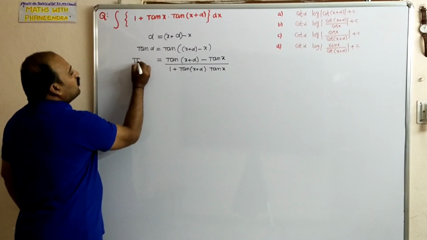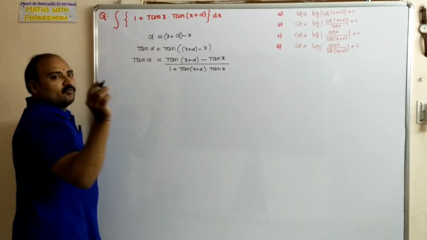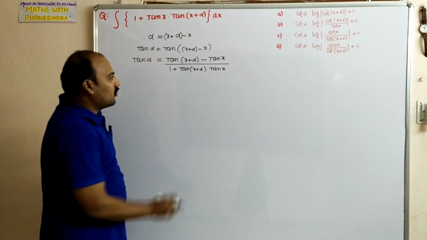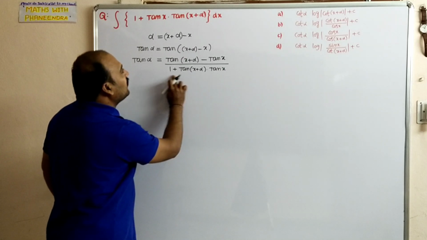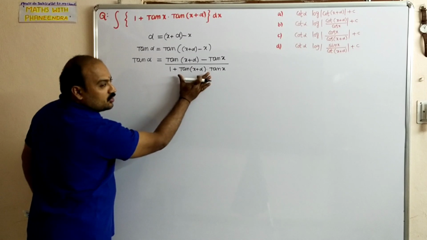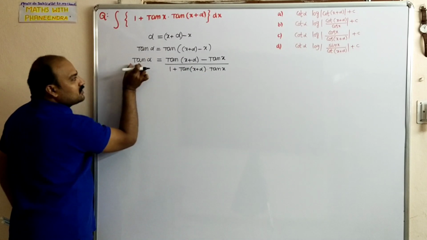This is the value of tan alpha. But we require 1 plus tan x into tan of x plus alpha, which is there exactly in the denominator of the RHS.